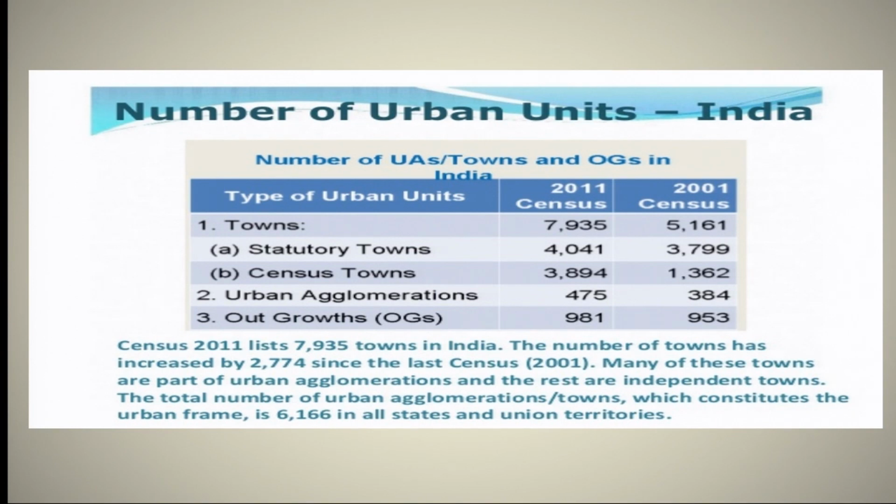The statutory towns, again the growth is from 3,799 to 4,041. The census towns have grown from 1,362 to 3,894. Urban agglomerations, from 384 it has grown to 475. The outgrowths have increased from 953 to 981. This all shows the trends of the urban areas.